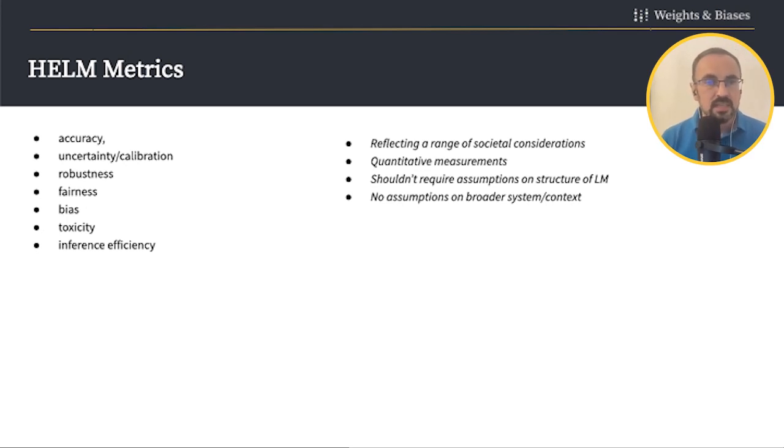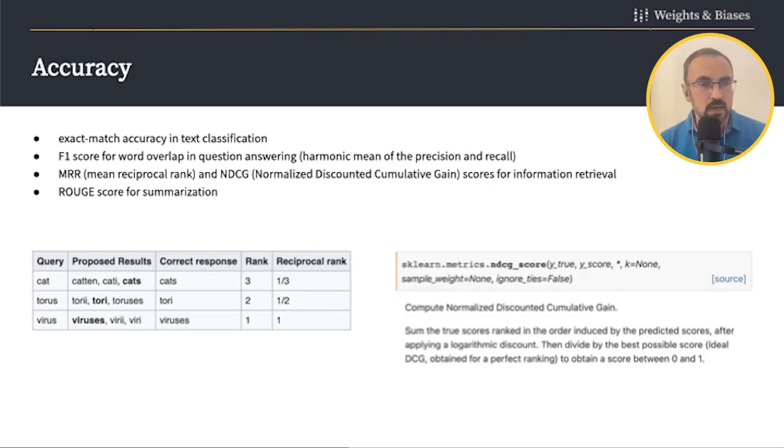Accuracy is actually a family of metrics. The most straightforward one is exact match accuracy in the case of text classification. But for question answering, the accuracy metric might be F1, which measures word overlap between a reference answer and the provided answer.